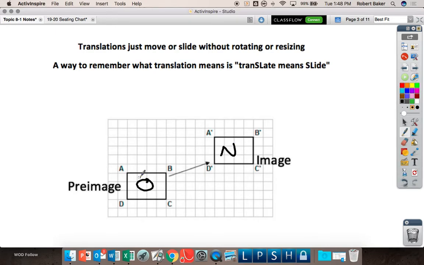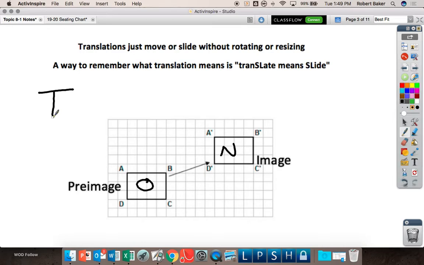So it makes a huge difference. If I'm going to do my vector notation, what is the transformation that I'm applying? Transformation is the big daddy, but what is the one specific dance move that I'm performing? Slide. And what letter do we use for our vector notation?